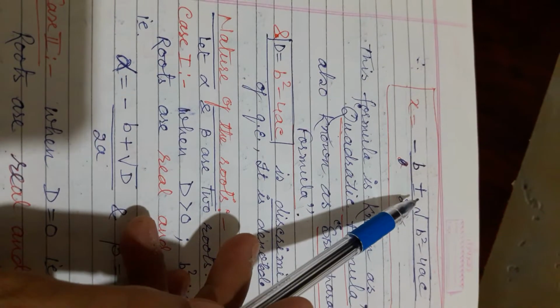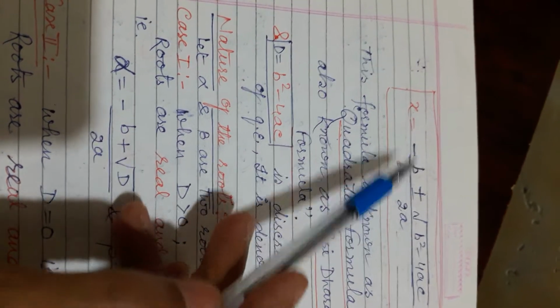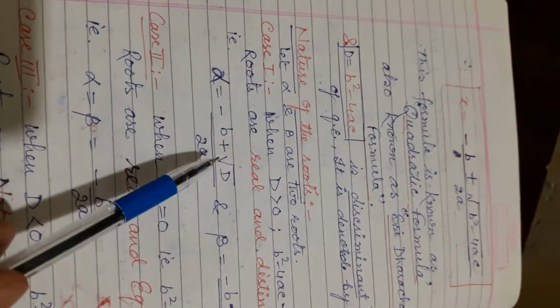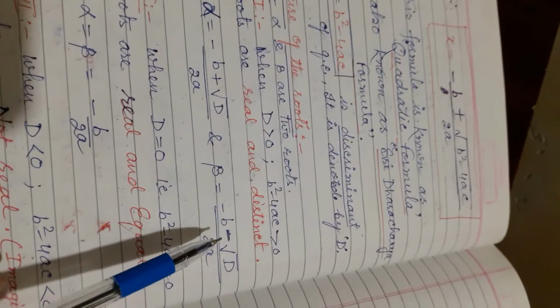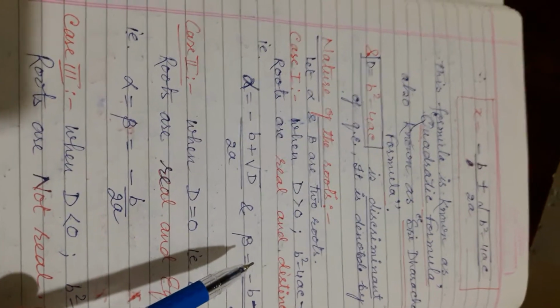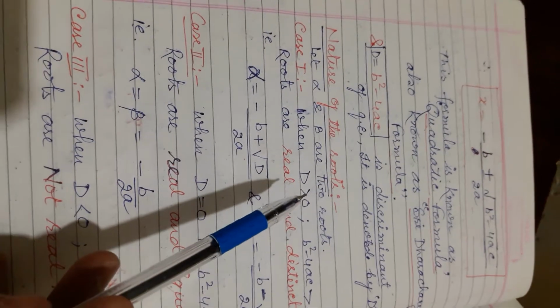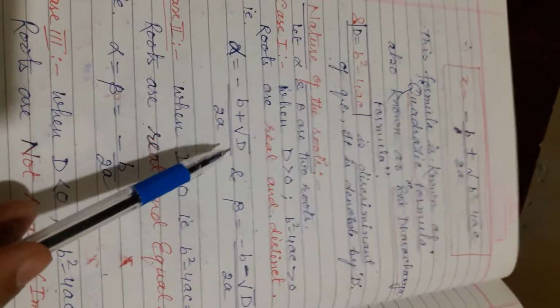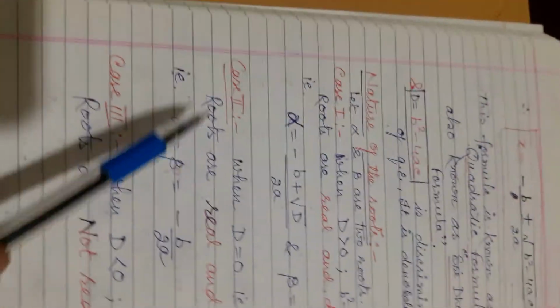There are two signs, plus and minus. It means there are two roots, two values, alpha in positive and beta in negative. So in the first case, if the discriminant is greater than 0, then there are real and distinct roots. These two roots are formed.